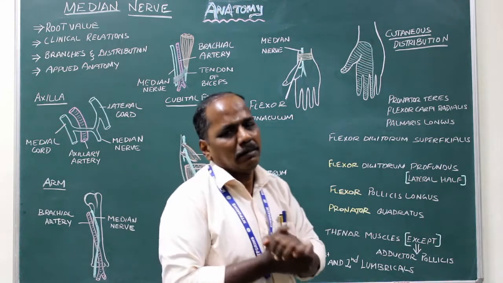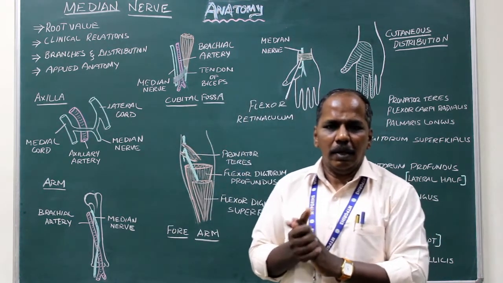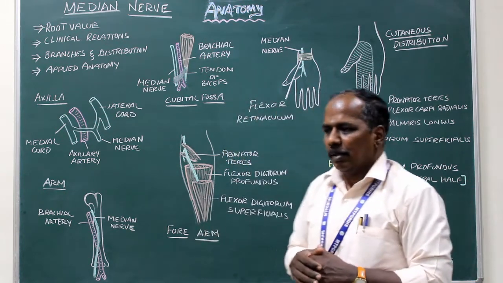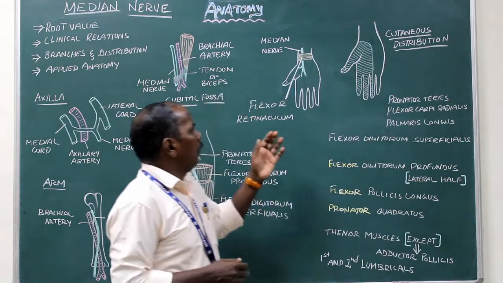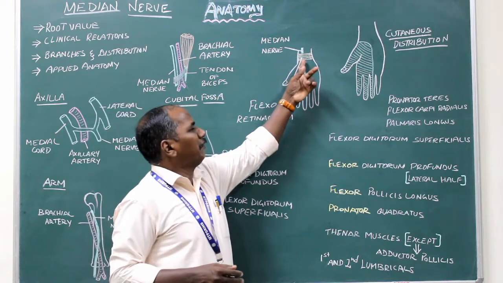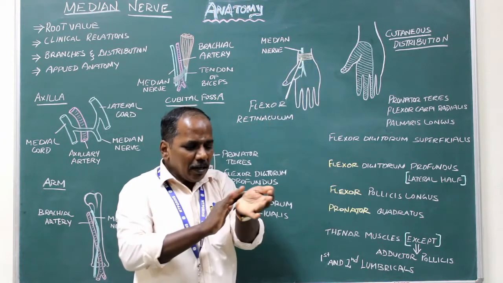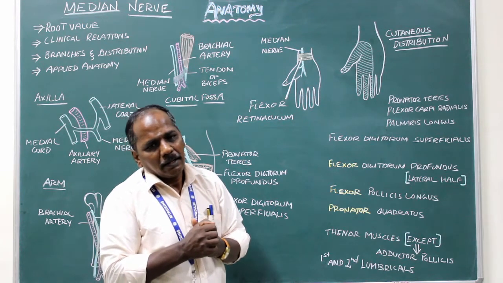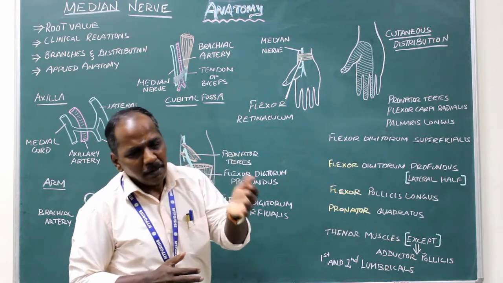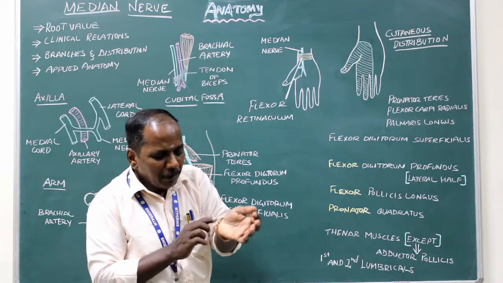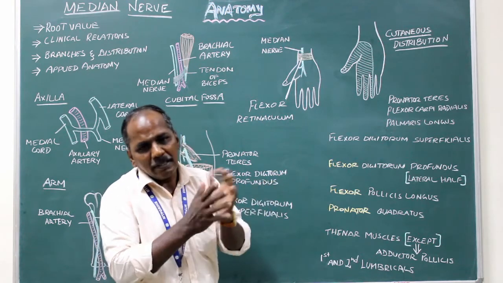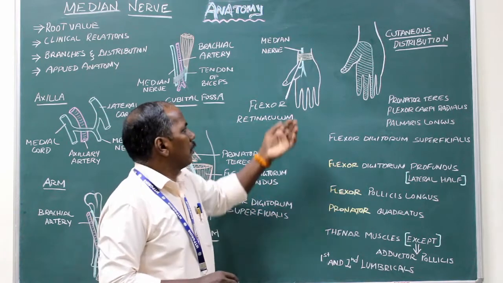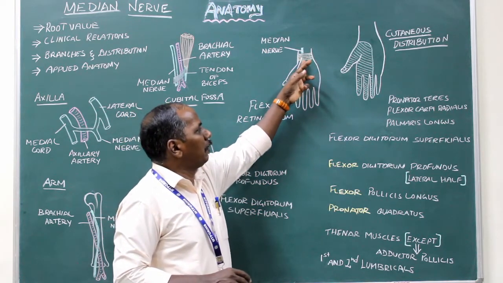Applied anatomy. Ape thumb deformity. When the median nerve is compressed by the flexor retinaculum in the carpal tunnel, it is known as carpal tunnel syndrome. In this condition, the median nerve which runs deep to the flexor retinaculum is compressed. So what happens below the wrist?